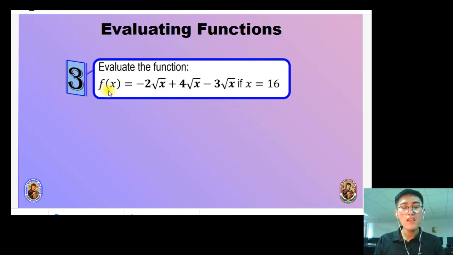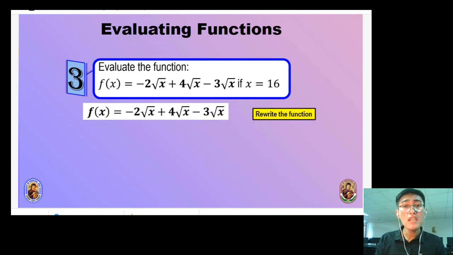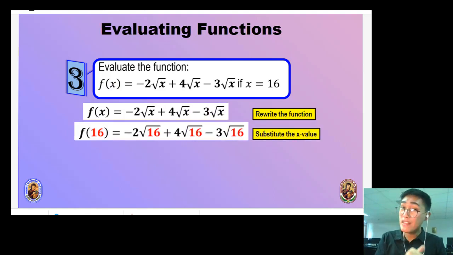For number 3, f of x is equal to negative 2 the square root of x plus 4 the square root of x minus 3 the square root of x if x is equal to positive 16. As we can see, we have 4 x's here, including the x in the function. Now, first step again is to write and substitute the given x value in the function.